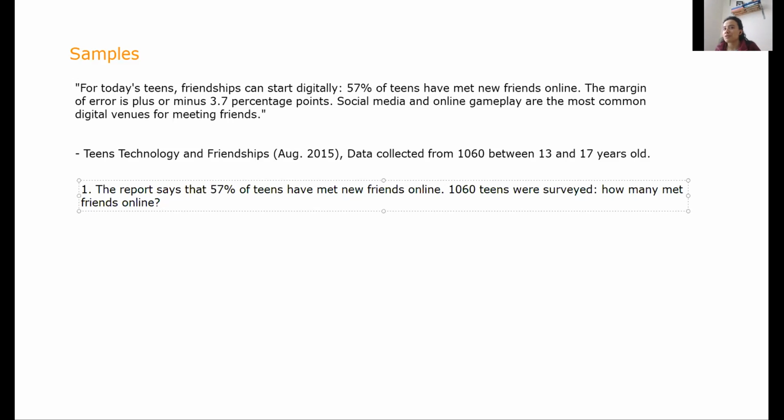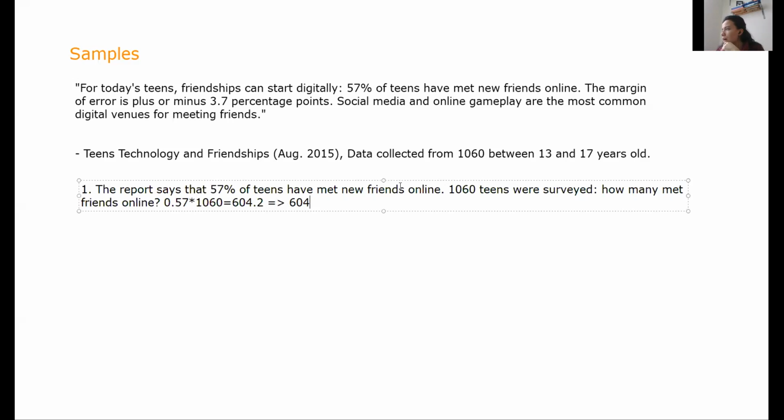So if you do 0.57 of 1,060, that is 604.2, so 0.57 times 1,060 is equal to 604.2, which means that about 604 of the people actually met friends online.